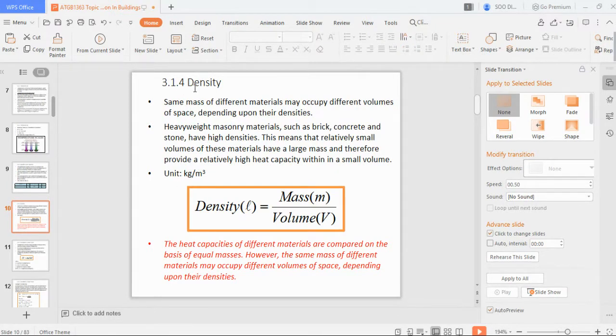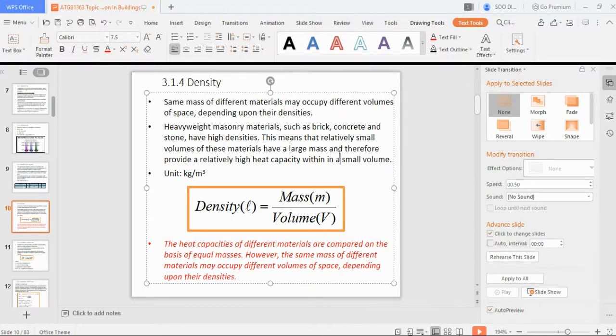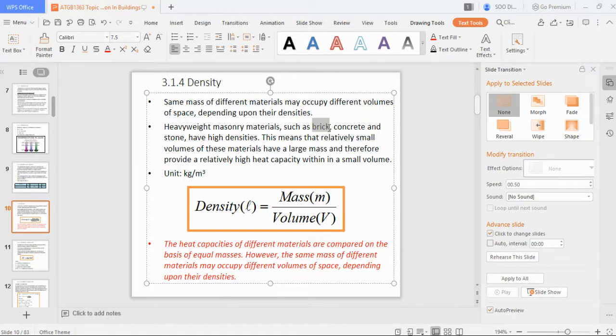Okay, so next we have our density of material. Different materials have different density. Although a material may occupy the same space, because of their density, a material may weigh more than another material. For example, a brick and a cotton, let's say both of them occupy the same space. Based on that, we know that cotton is very light, but brick is dense and heavy.